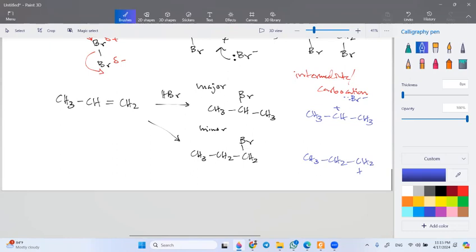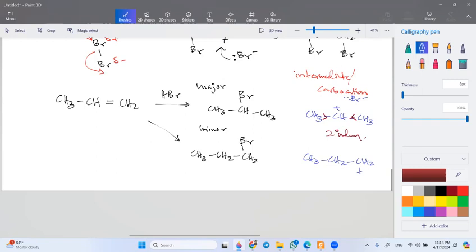Now the stability, children, depends on the charge of the carbocation. If the charge is less, it becomes more stable. Look at the first one. There are two alkyl groups pushing electrons. So this is what we call, children, a secondary carbocation.